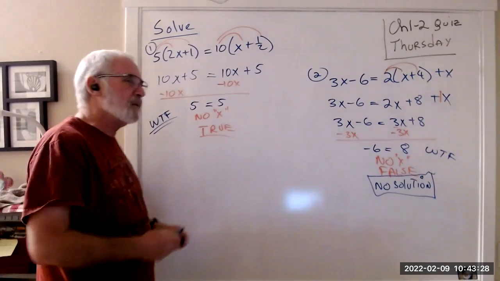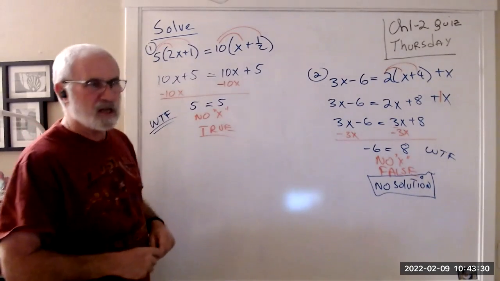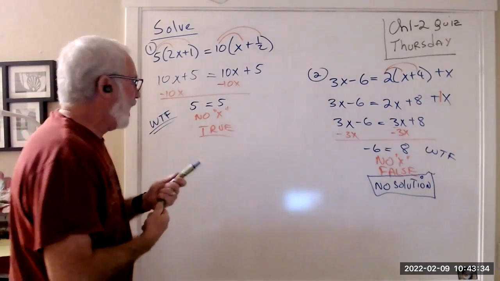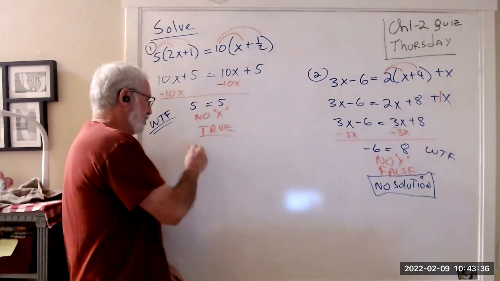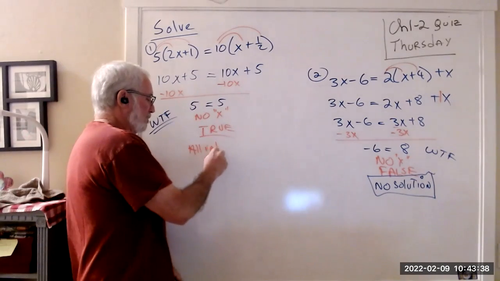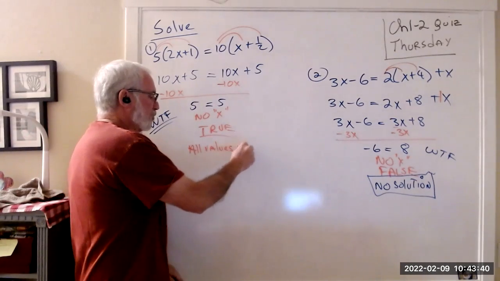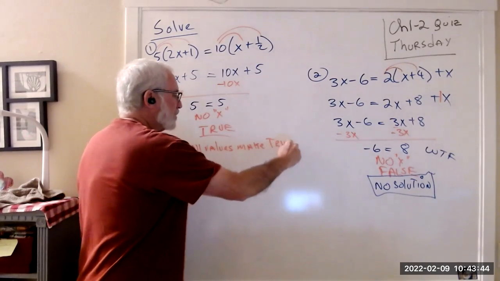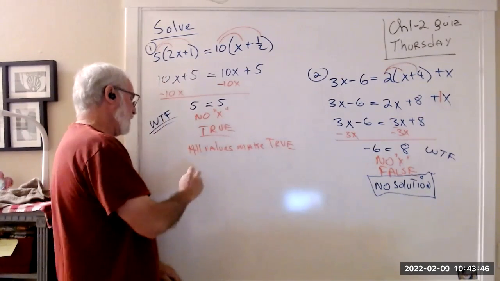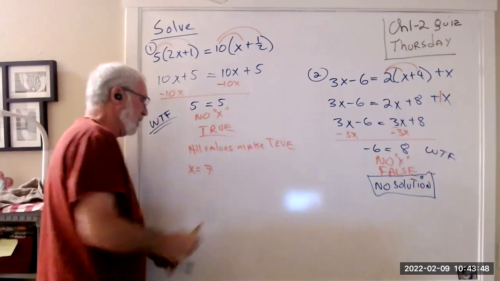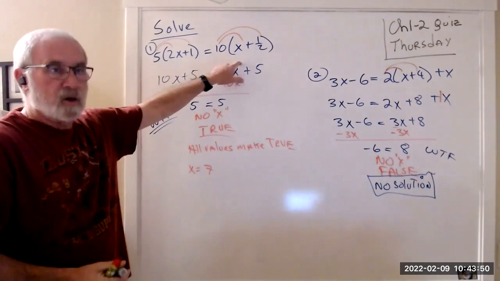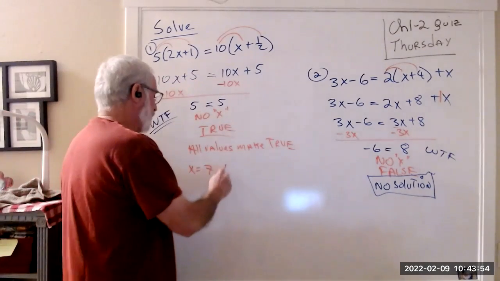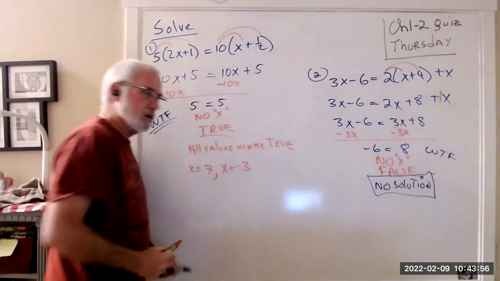But this problem is true. And this is a little bit deeper thinking here. This means all values make it true. In other words, pick a number, pick 7, x equals 7. If you plug it in here, it'll work. It'll check. Oh, but what if somebody says, I want x to be -3?